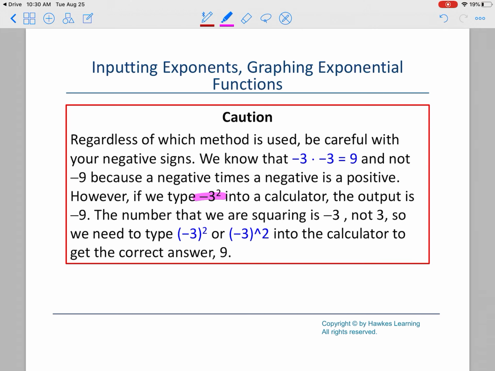Your calculator is squaring the 3 and then it's sticking the negative. -3 squared is -3 times -3, which gives us a +9. If you're going to stick that into the calculator, you have to put it in parentheses, so the calculator knows what you're actually squaring. So be very careful when you're using the calculator.